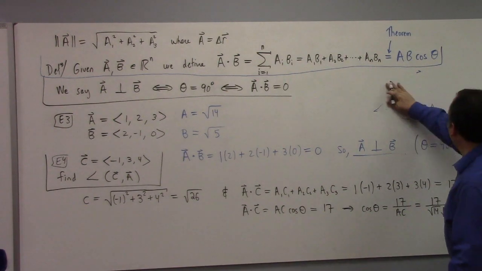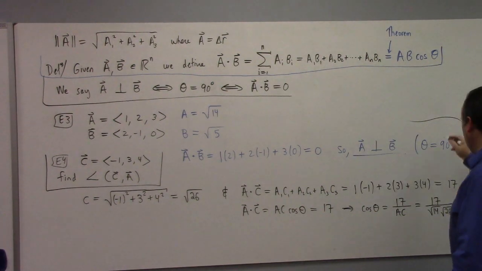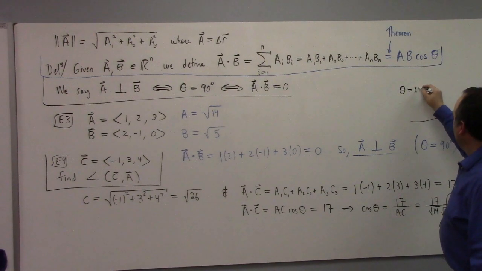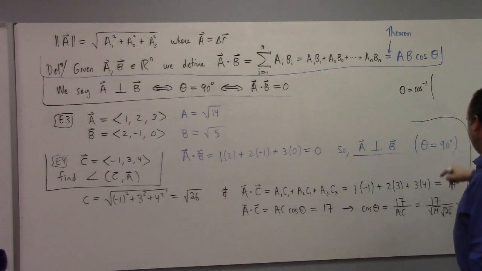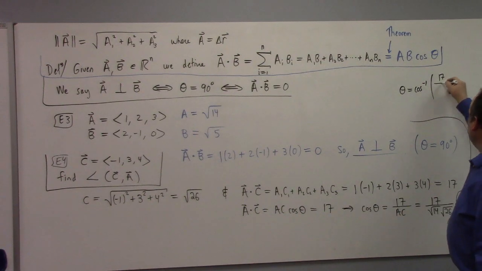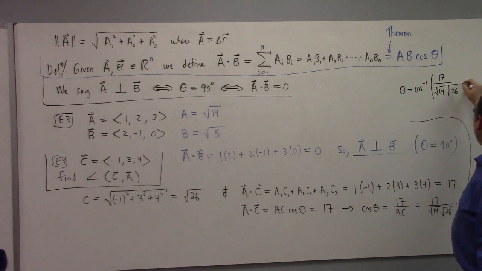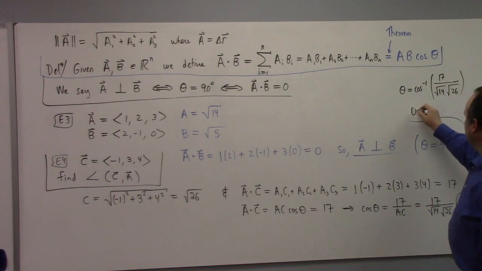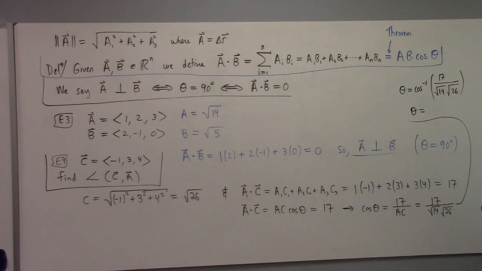I'll put the math up here. We've got theta then is inverse cosine of 17 divided by square root of 14 times the square root of 26. Right, so theta is actually equal to, what's the angle between A and C here?